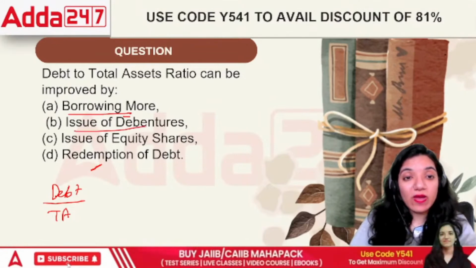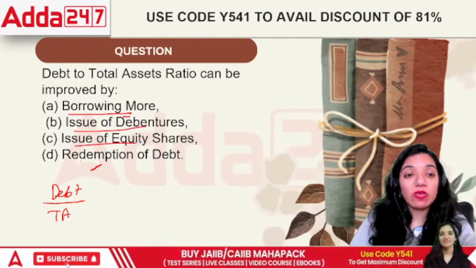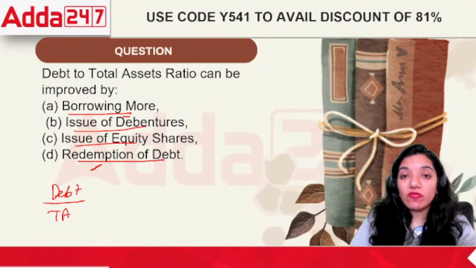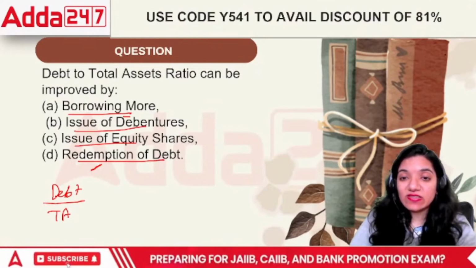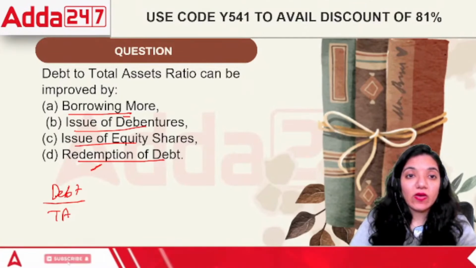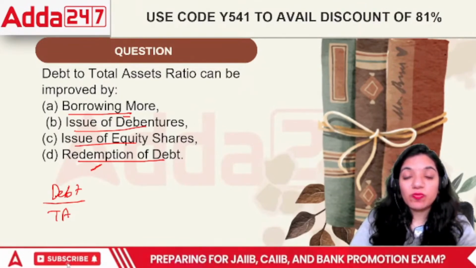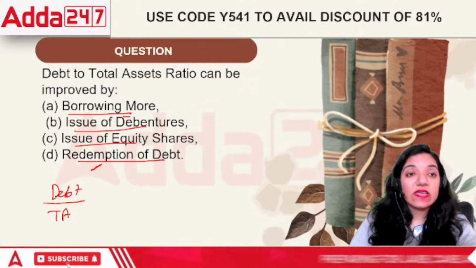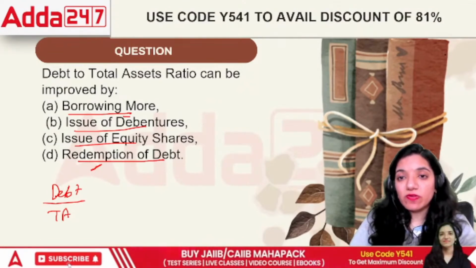By borrowing more, by issuing of debentures, by issue of equity, or redemption of debt. What will be the correct answer in this case?